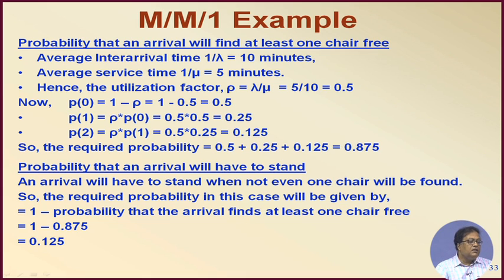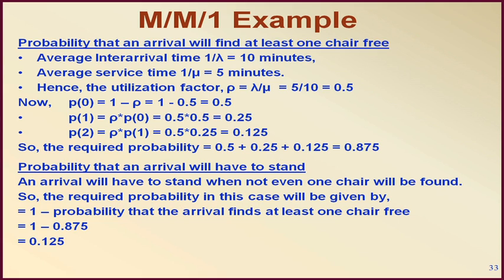What is the probability that an arrival will have to stand? Very simple, arrival will have to stand when not even one chair will be found. So, the required probability will be 1 minus probability that the arrival finds at least one chair free. So, you see sometimes you have to get it from the other side, right.